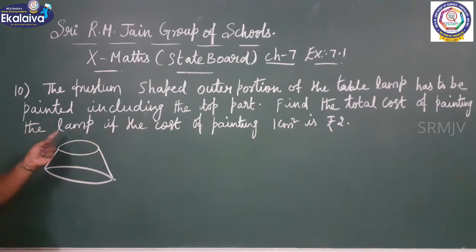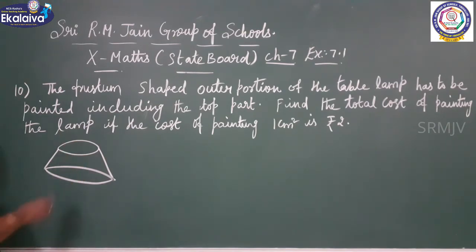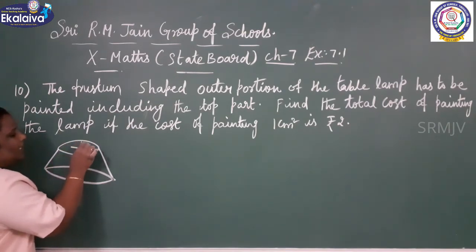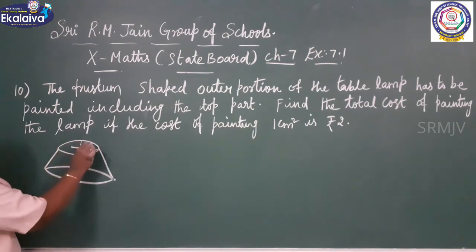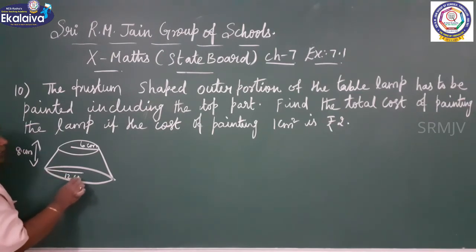Find the total cost of the lamp if the cost of painting 1 centimeter square is rupees 2. The radius is 6 centimeter, height equal to 8 centimeter, and here 12 centimeter.